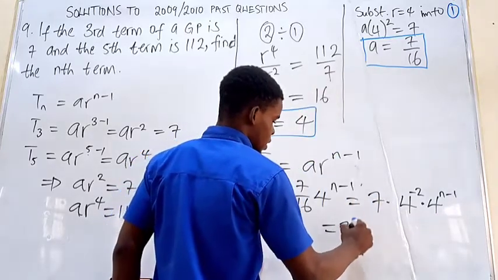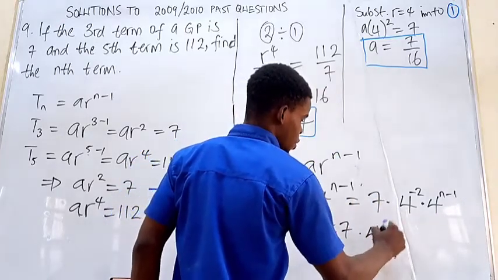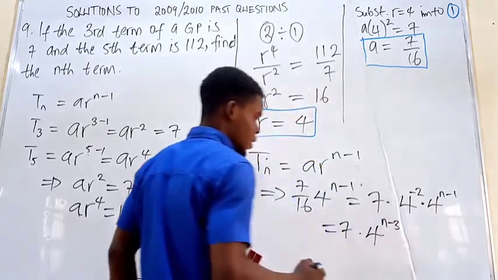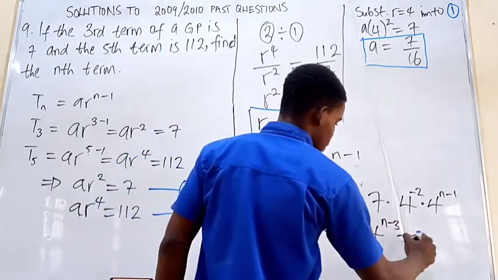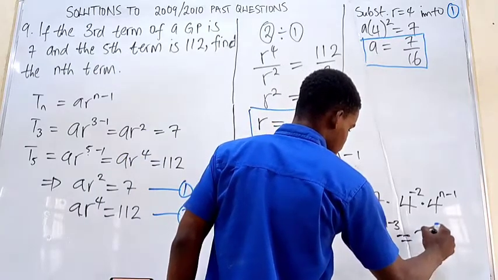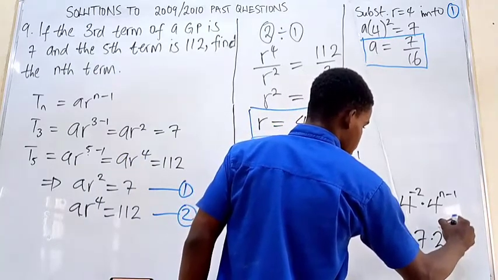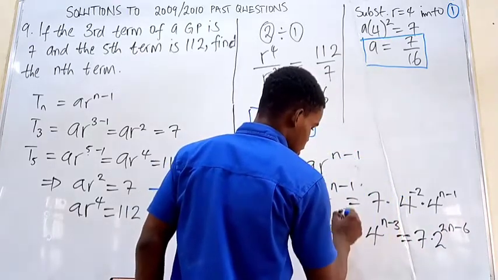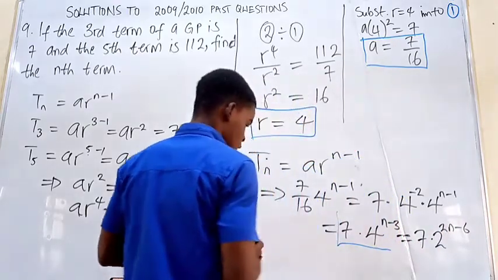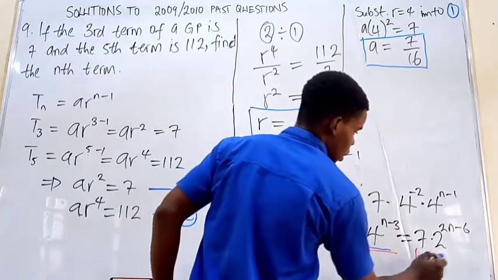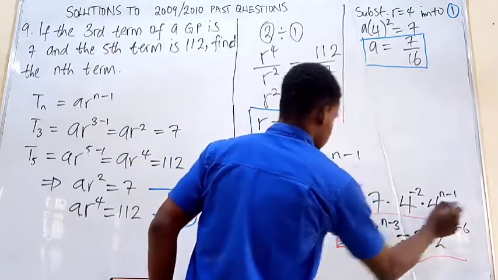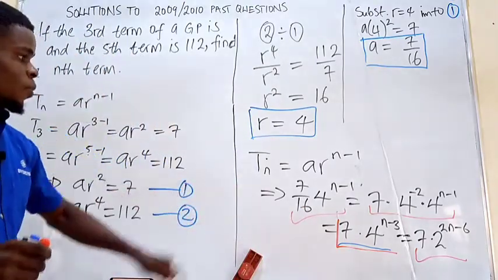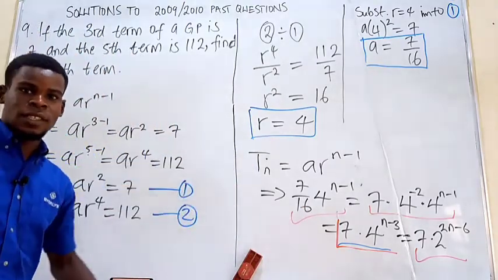Again, we can also write this as 7 times 4 raised to the power of n minus 1 minus 2, that is n minus 3. Or we can even rewrite this as 7 times 2 raised to the power of 2n minus 6. Any of these could be taken. That is just it, and it's correct.